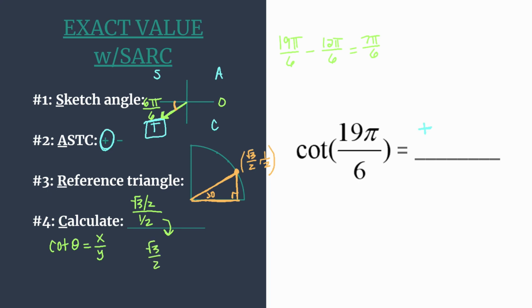If you divide by 1/2, you're actually multiplying by 2 over 1, the reciprocal. You can cross cancel to eliminate that common factor of 2, and that value reduces to square root of 3. We know it's positive from our analysis in step 2, and so the cotangent of 19 pi over 6 is positive square root of 3.